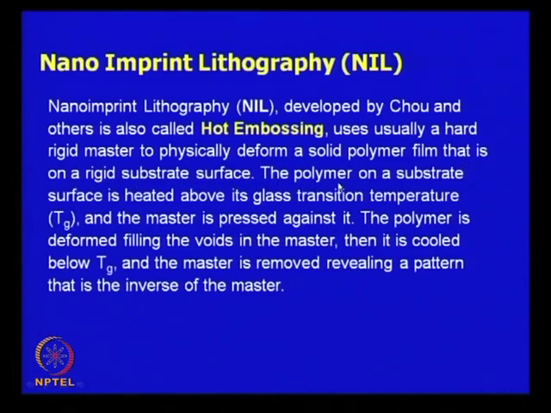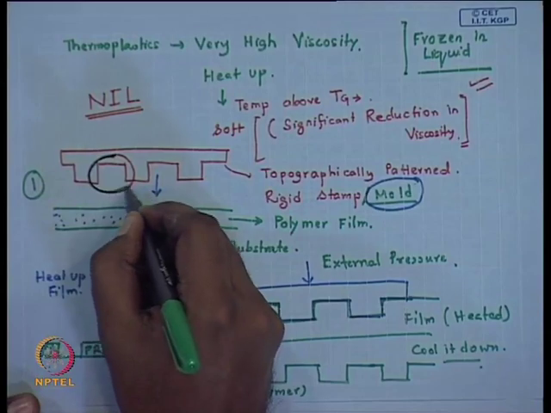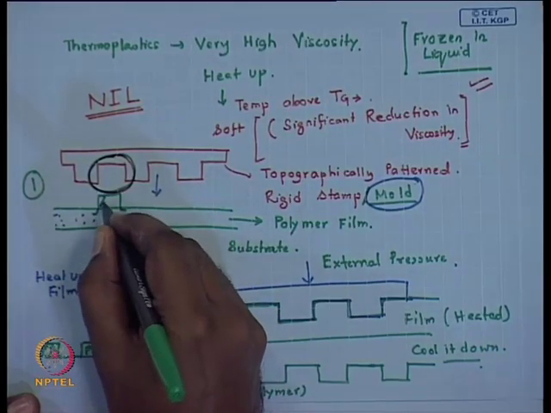Okay. The polymer on the substrate is typically heated above its glass transition temperature, and the master or the mold is pressed against it. The polymer is deformed, filling the voids in the master. So, essentially these are the voids in the master, which, once you bring it in contact, the polymer fills up.